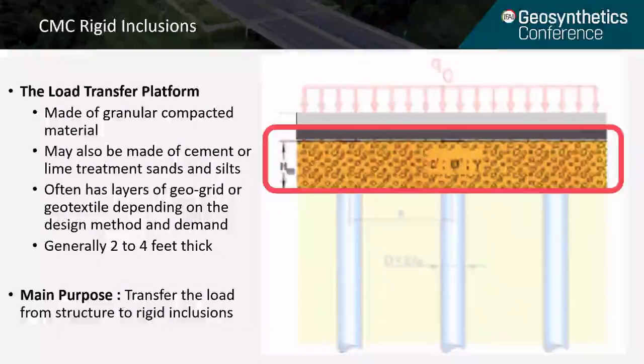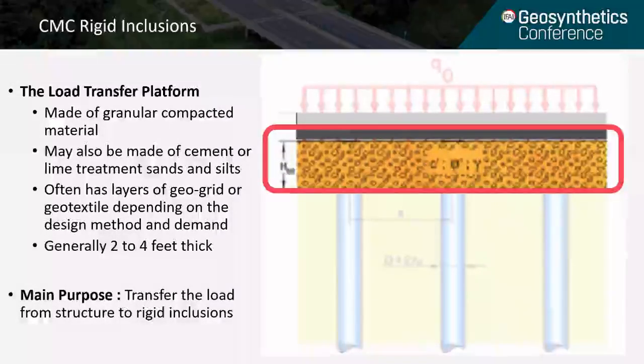Zooming in on the load transfer platform, it's usually composed of a well-compacted granular material, often a dense graded aggregate or DGA. Alternatively, it could be a less select material such as sand, silt, or even clay if it's treated by some sort of lime or cement binder.